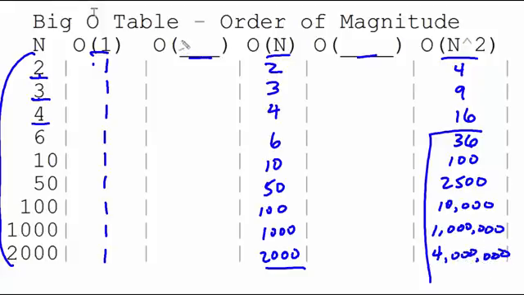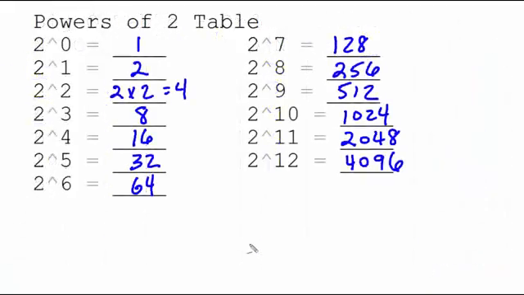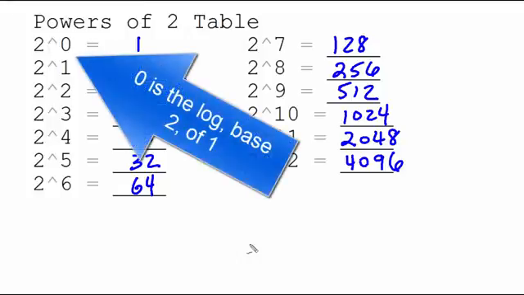Now let's talk about this column for a second, the first mystery column. This is called log n. And this is where it would be helpful to look at your powers of 2 table that we did in the last video. A log is simply an exponent. That's all it is. A log is an exponent.